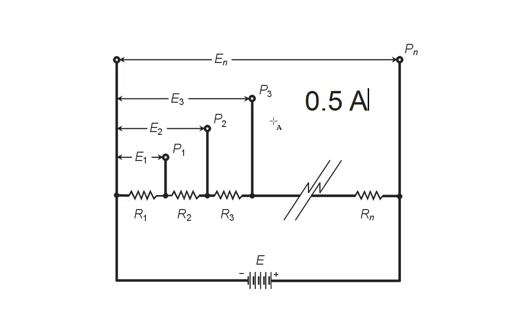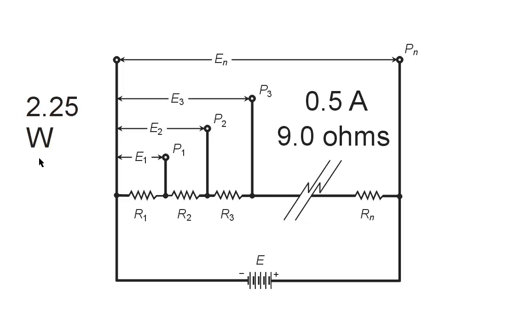Remember that the power that one of these resistors will dissipate is going to be I squared times R. Well, 0.5 squared is 0.25 times 9.0 is going to give us 2.25 watts. Each one of these resistors then is going to have to be capable of dissipating 2.25 watts.